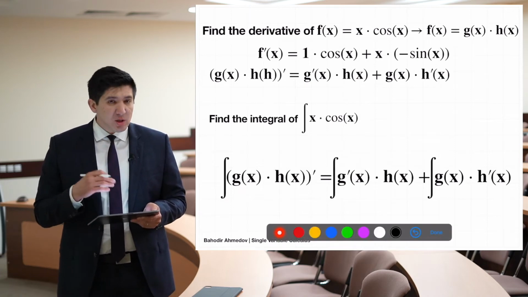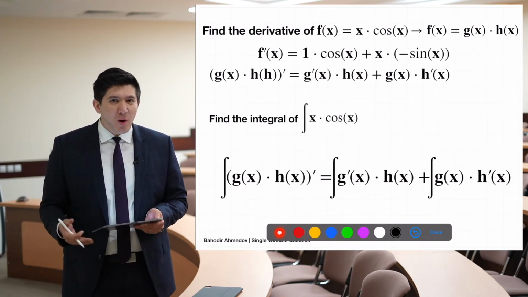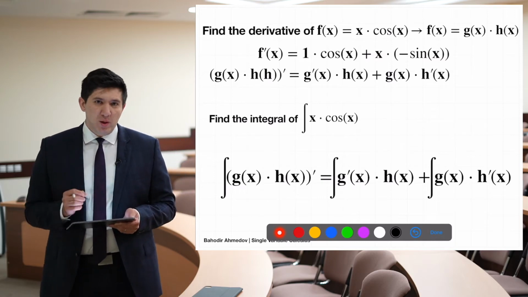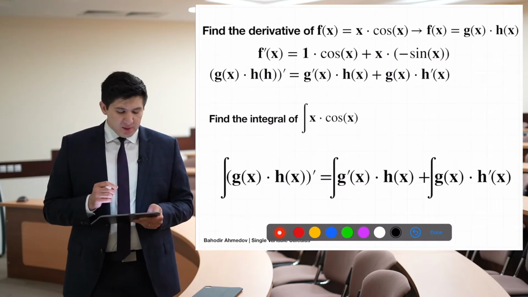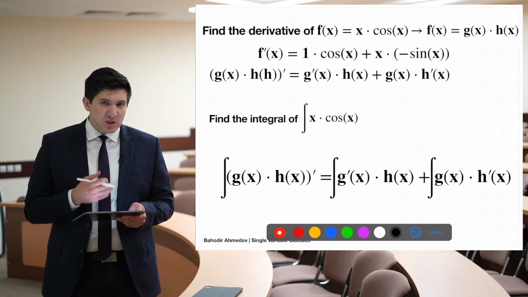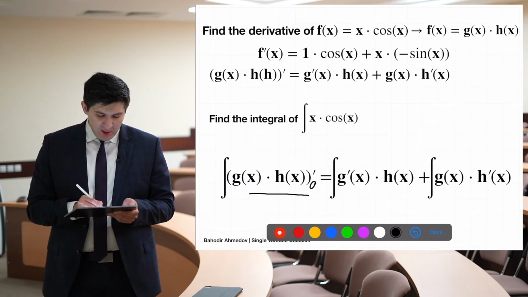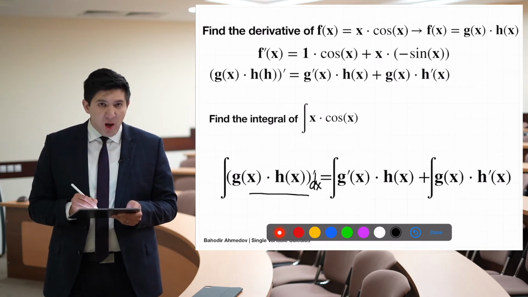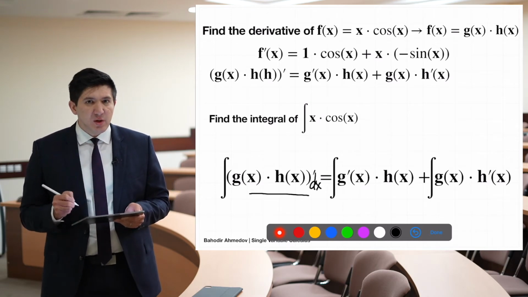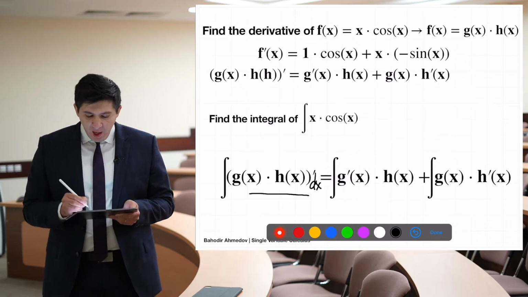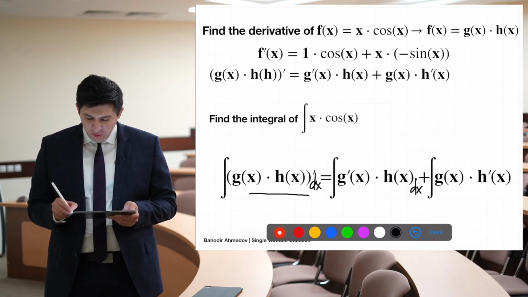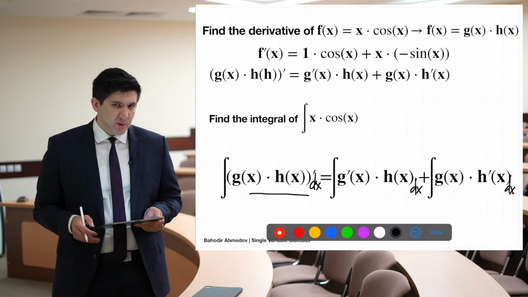Integration by parts actually comes from the product rule when we take the derivatives. We've got this formula that the derivative of g times h of x is equal to g prime of x times h of x plus g of x times h prime of x. If you take the integration of all three parts, you are going to get this kind of equation.